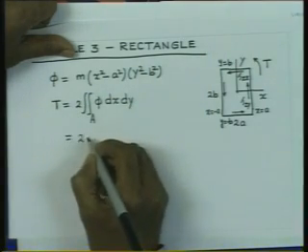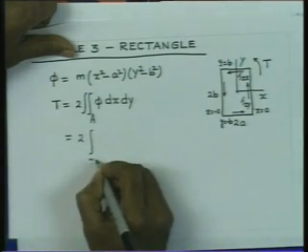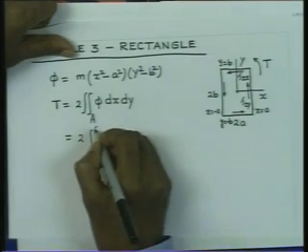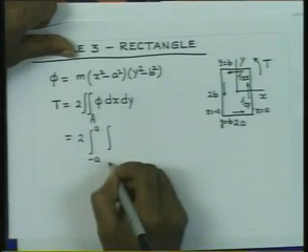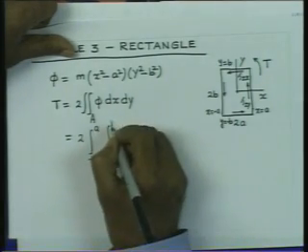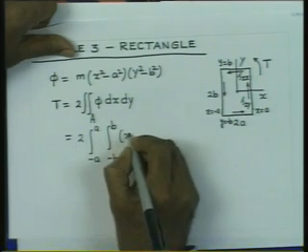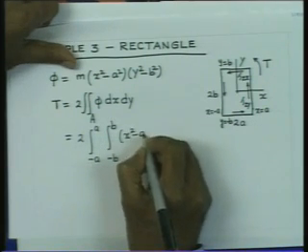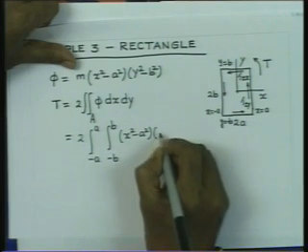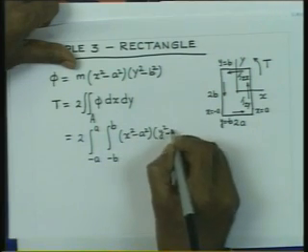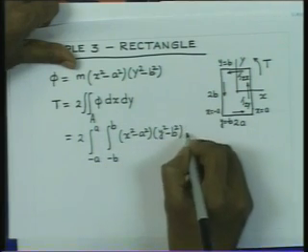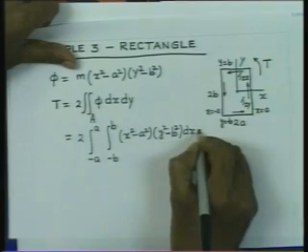The limits of integration are minus a to plus a, minus b to plus b, of x square minus a square into y square minus b square dx dy.